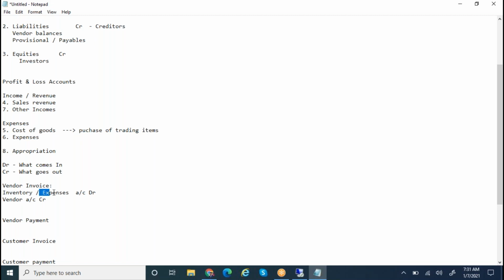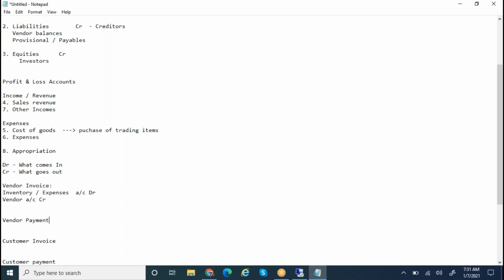If you are purchasing A4 stationery, tissue papers, water bottles, this is not for trading. For my employees, I need to facilitate all these things. That is expense. That's it. Okay, vendor account credit. Clear this one, everyone?